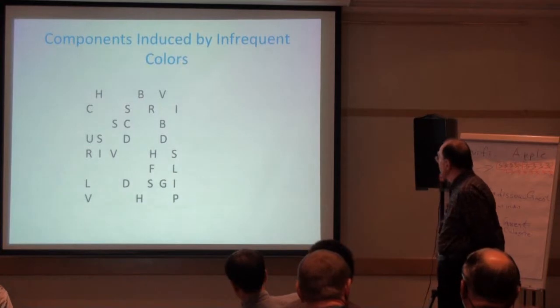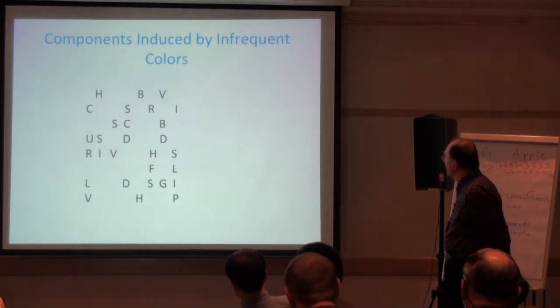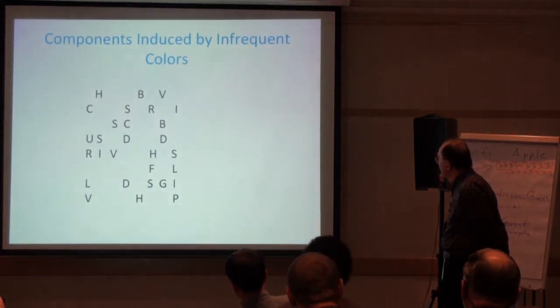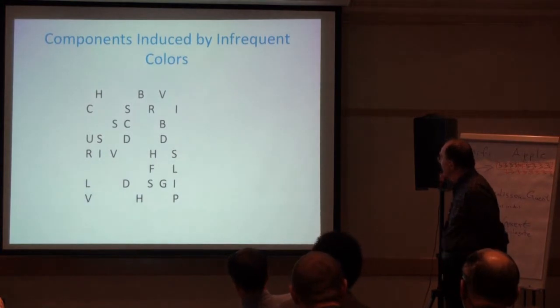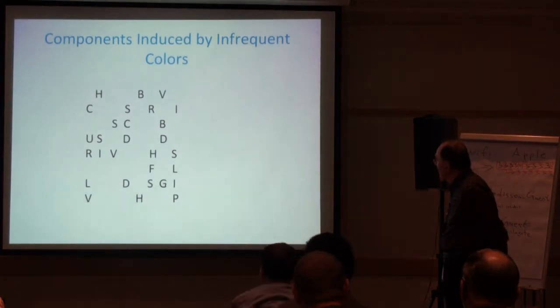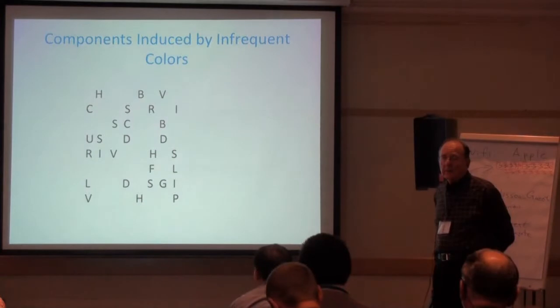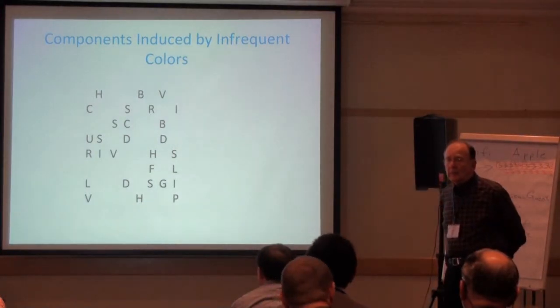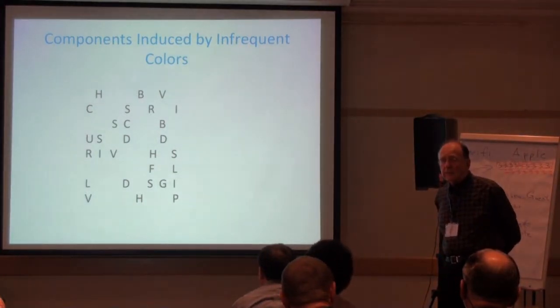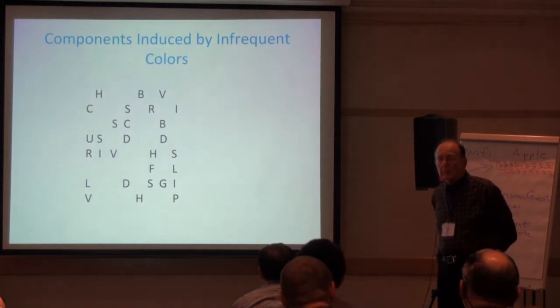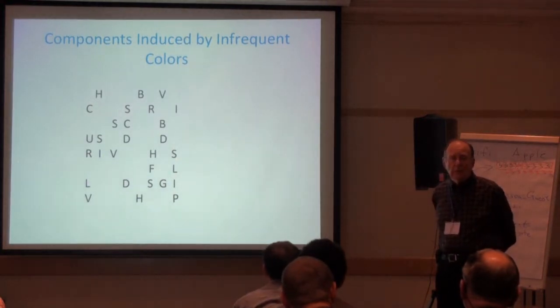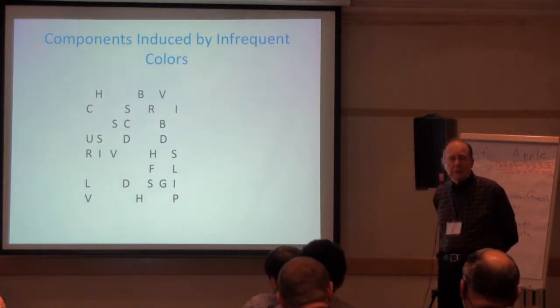So we continue to remove components, redundant components, as long as possible in a manner that tends to reduce the size of the Steiner tree. And when that can't be done any longer, we attempt to reconnect the remaining components with, in this case, copies of vertices with the frequent colors.